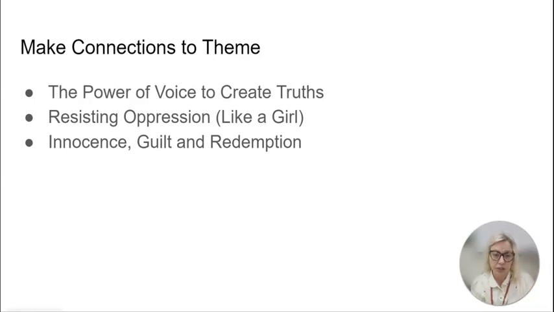Innocence, guilt, and redemption. You maybe have noticed that we don't hear a lot about her daughter, at least so far in the first 7 chapters. She's only mentioned twice, and the first time was really tangential. The second time we hear a little bit more about her in the night chapter, but in both occurrences, she isn't named, and there's not a lot about the daughter.